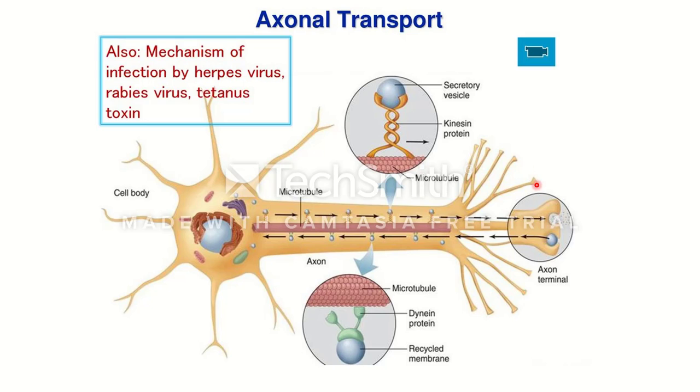Can you guess which type of axons? Yes, the visceral axons, because we are talking about the gastrointestinal system. So the visceral neurons convey these viruses again toward the cell body and toward the nervous system as a whole.